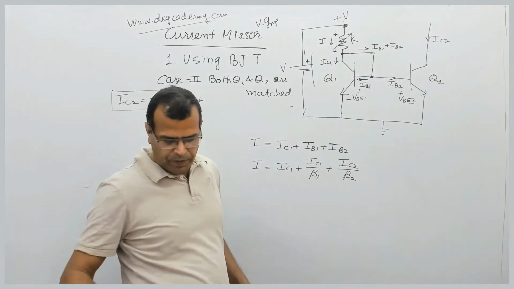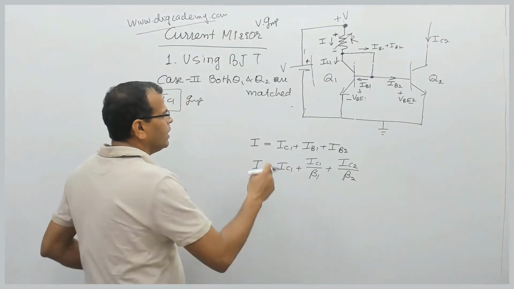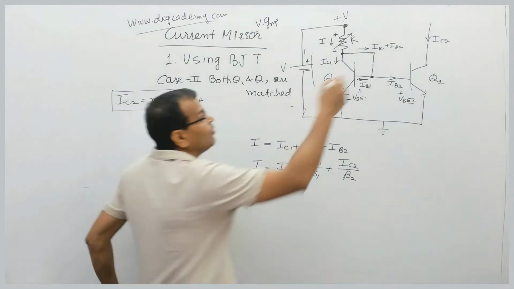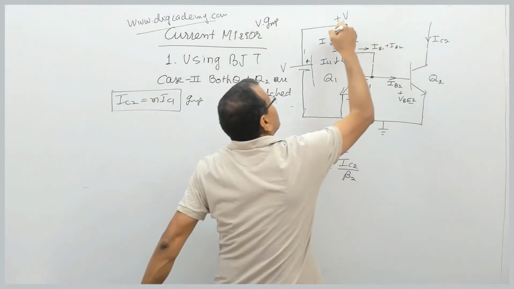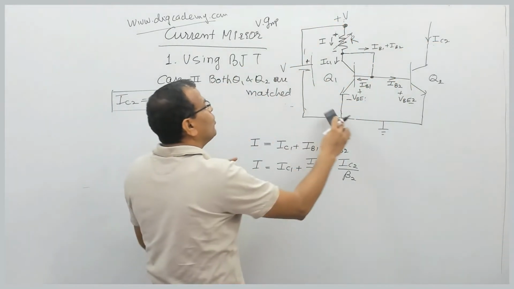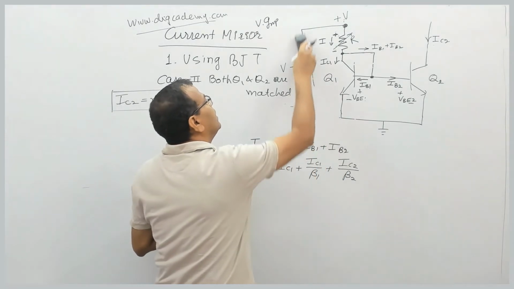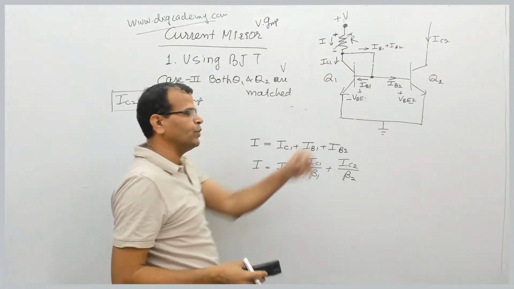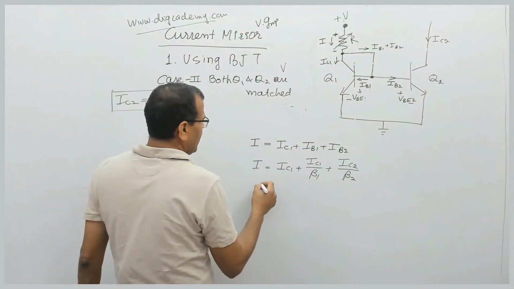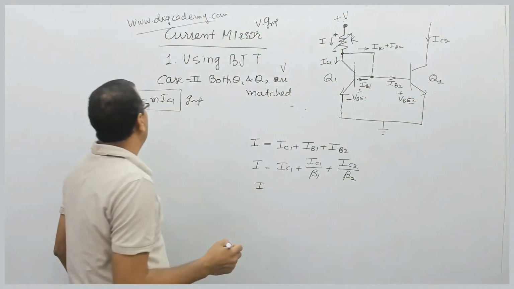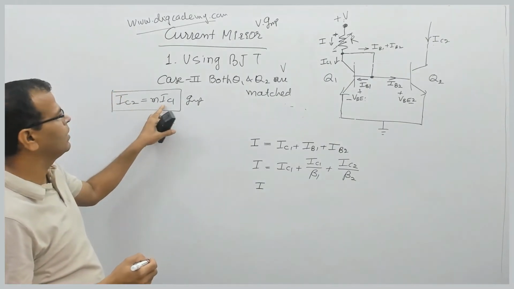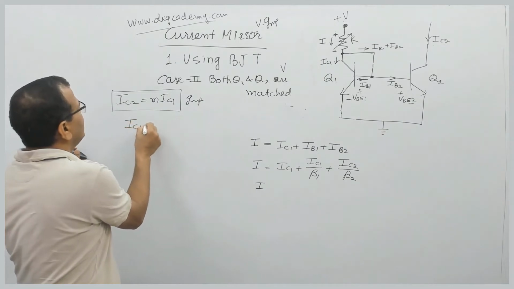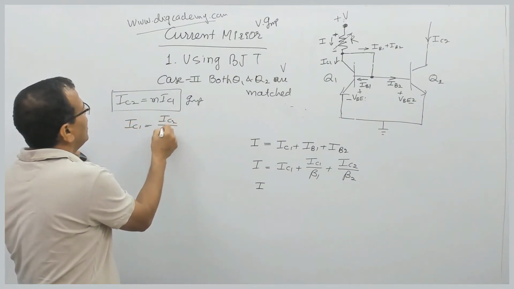Now, what is the purpose? I have to find IC2 in terms of current I. The approach and method is similar to what we discussed. The final objective is to find IC2. So this gives I equal to, and we have obtained IC2 is m into IC1. So IC1 is IC2 upon m.